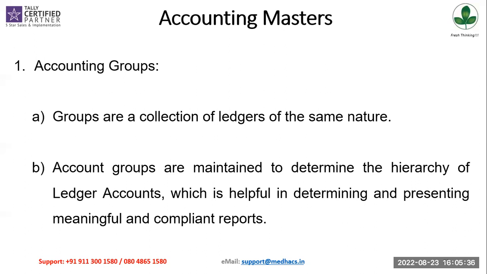Under indirect expenses, we might have individual expense ledgers. So a group is nothing but a collection of ledgers of the same nature. Then the groups are maintained to determine the hierarchy of ledger accounts, which will be helpful for reporting purposes. Based on how you require your reports, you will define your groups and subgroups.